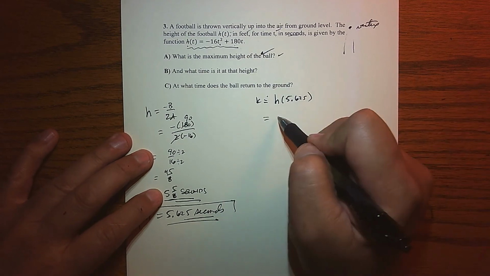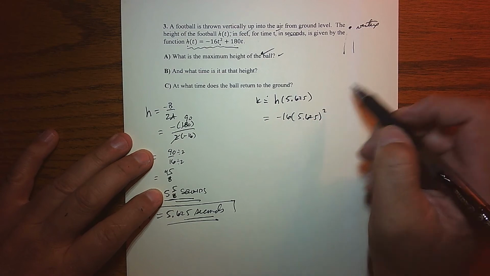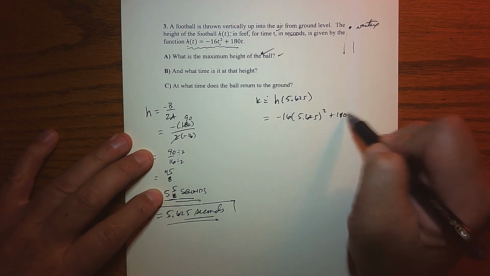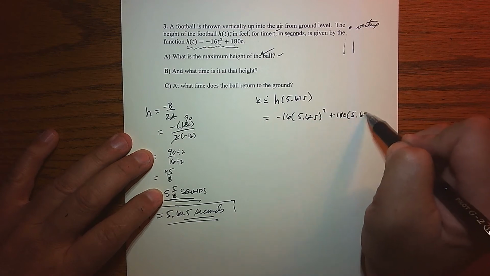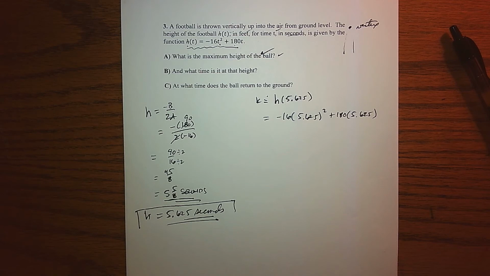So we got negative 16 times 5.625 squared, plus 180 times 5.625. And again, I'm using the calculator on my computer.